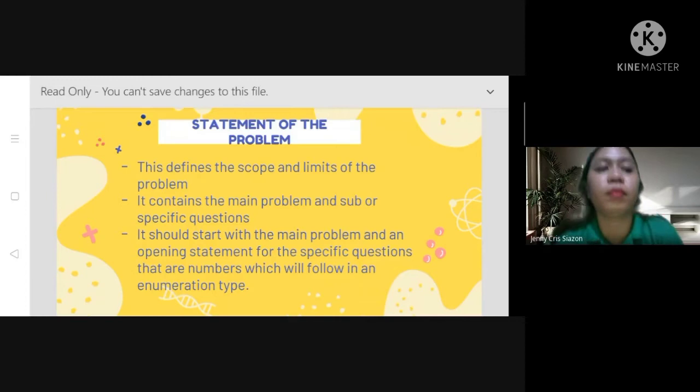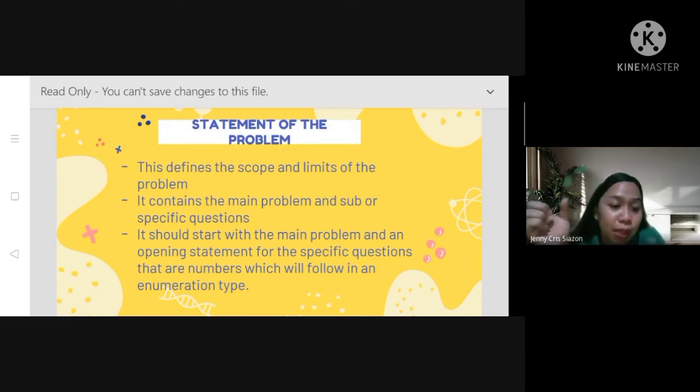Okay, so for now, we're going to study the statement of the problem. This defines the scope and limits of the problem. It contains the main problem and sub or specific questions. No? It should start with the main problem and an opening statement for the specific questions that are numbered which will follow in an enumeration type.